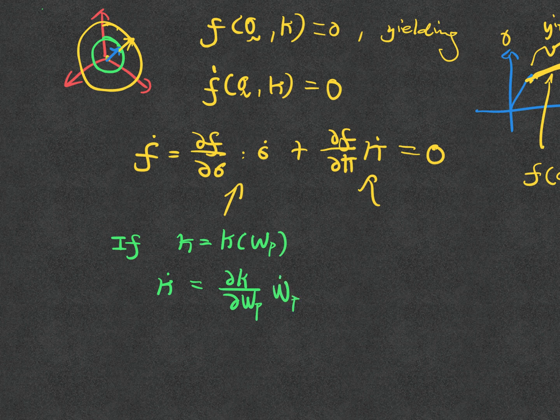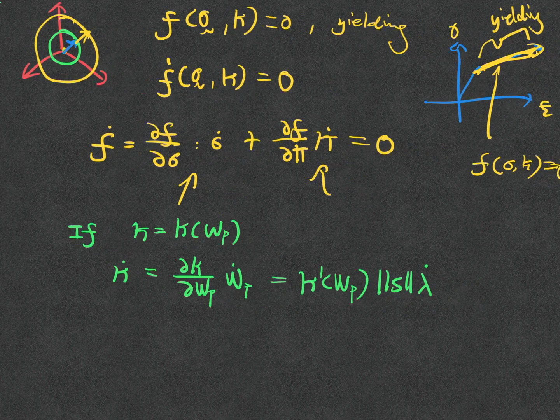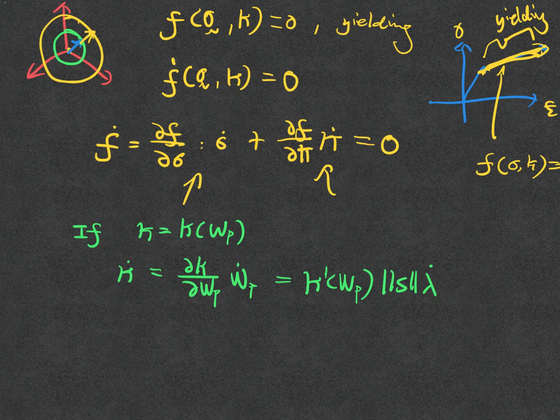In this case, that would equal the partial derivative of kappa with respect to Wp times the deviatoric stress magnitude times lambda dot, and that would simply equal kappa prime times kappa times lambda dot.